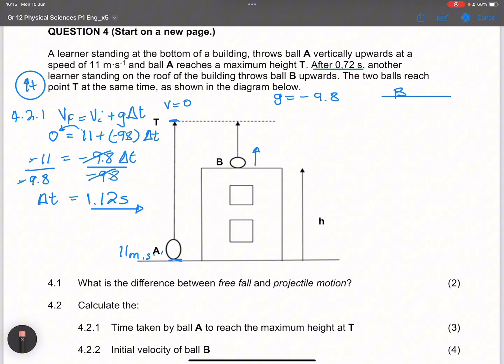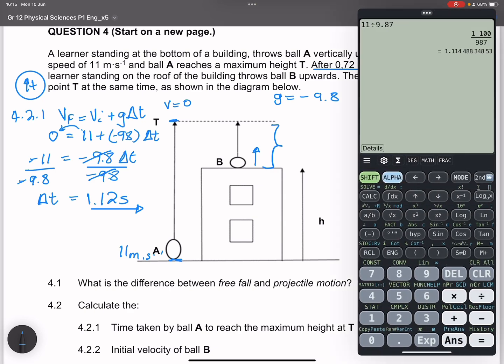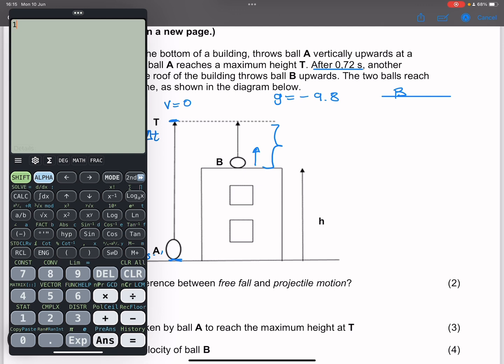But in this case, what would have been the time that ball B spent in flight? So it would be the 1.12 seconds minus the 0.72. So you'd say 1.12 minus 0.72, which means that ball B was in flight for 0.4 seconds, right?